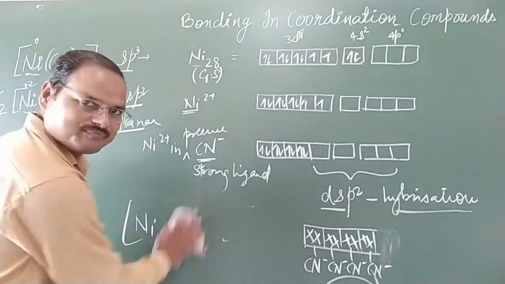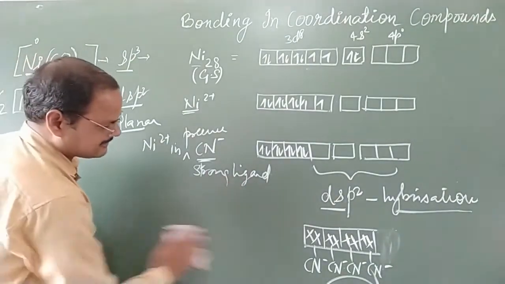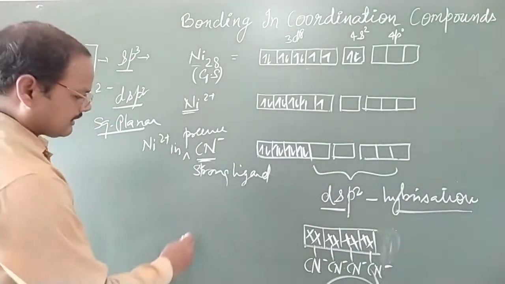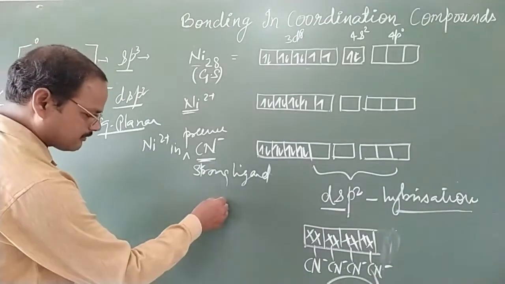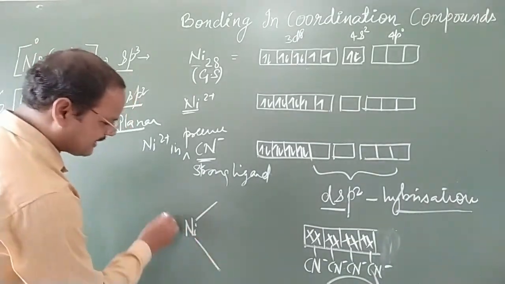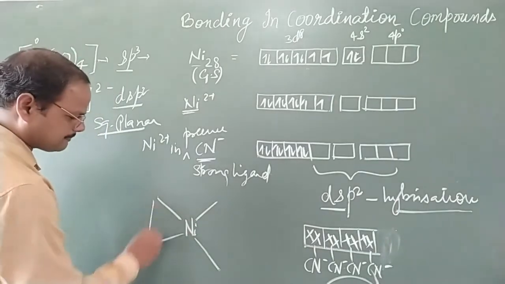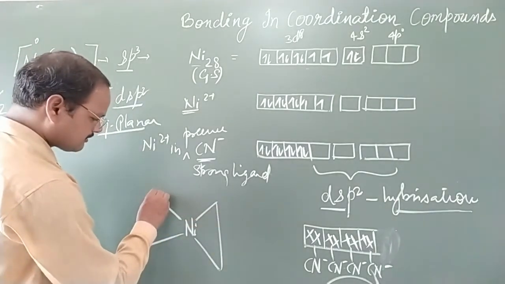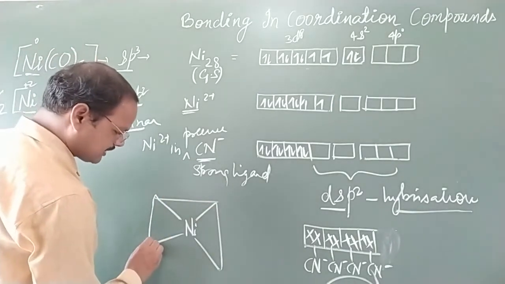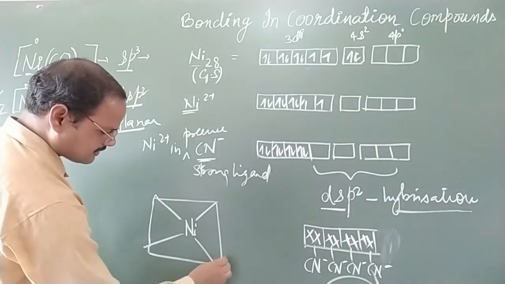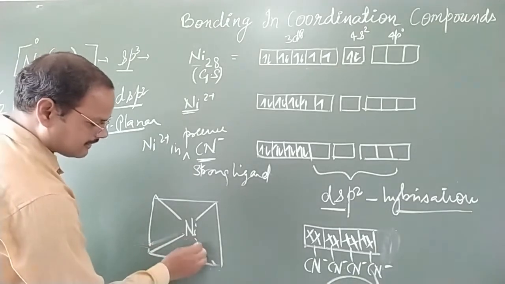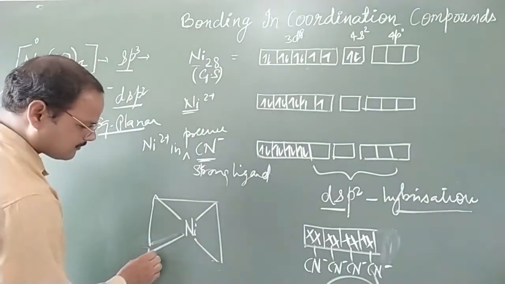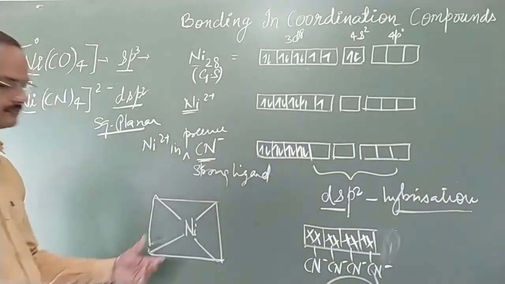Once again, see here at this side. As we know, nickel is the central metal and the structure is square planar, a square-like structure in two dimensions, planar. We can draw it in this way. This is the square planar structure of this molecule.